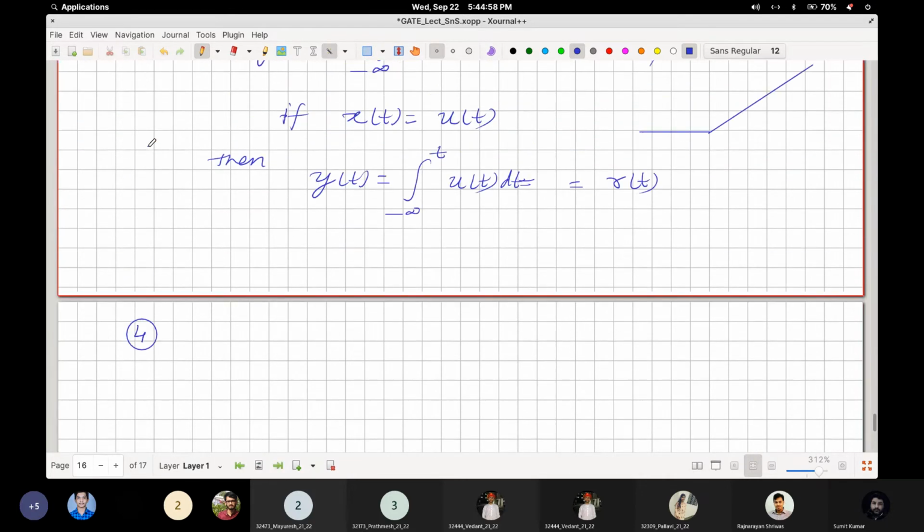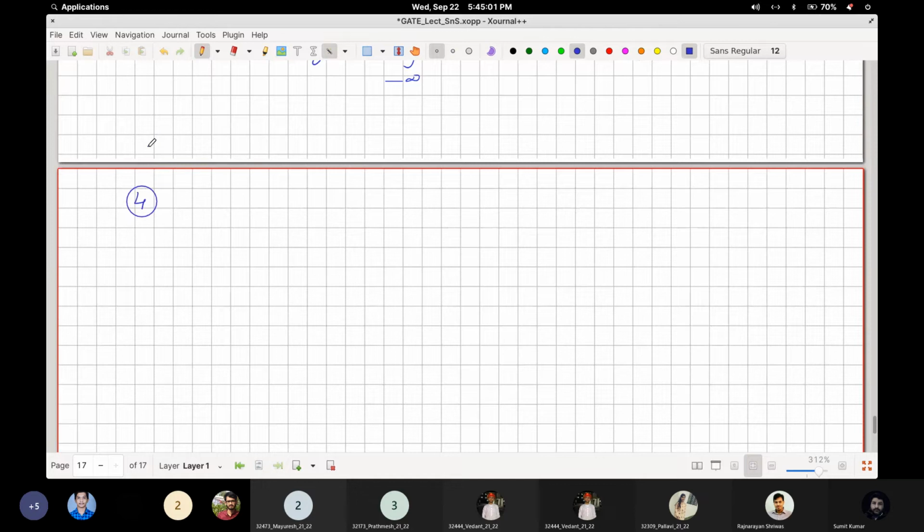Okay. So we have seen this, and another type of LTI system is linear time invariant system. Okay. So linear time invariant system को हम लोग constant coefficient differential equation से भी represent करते हैं.